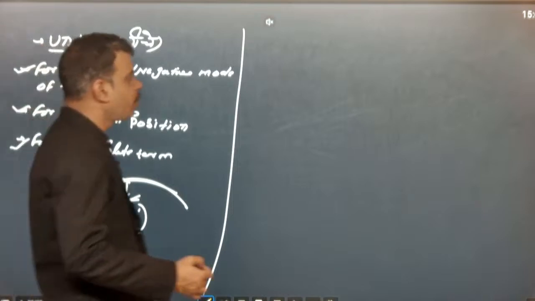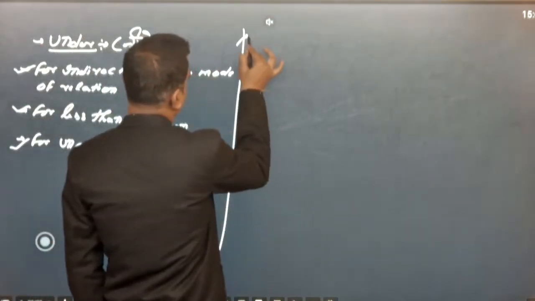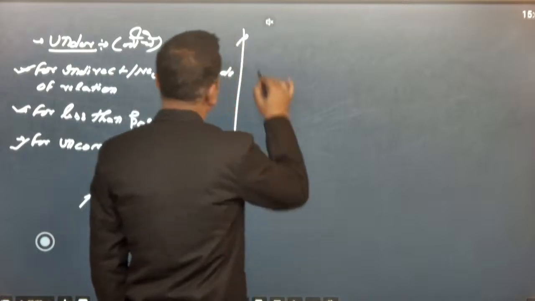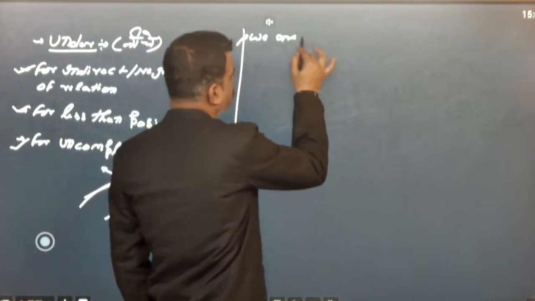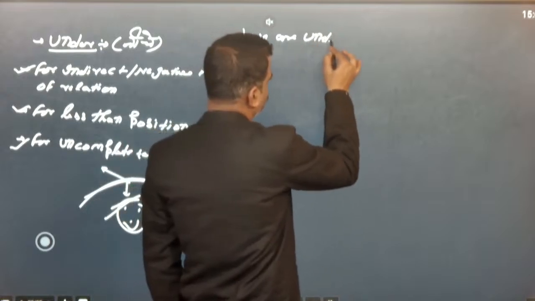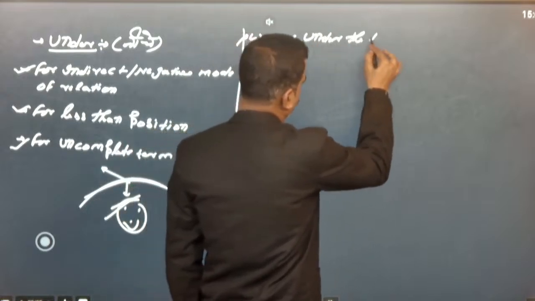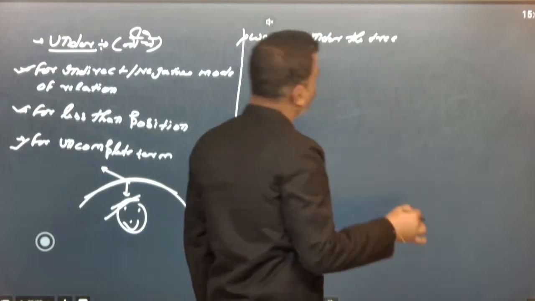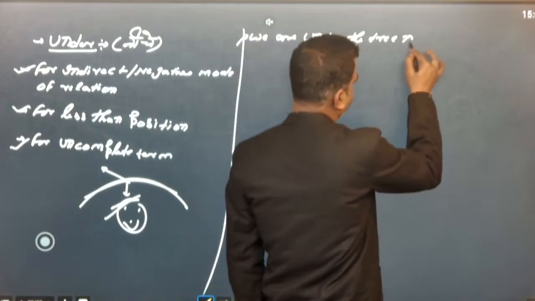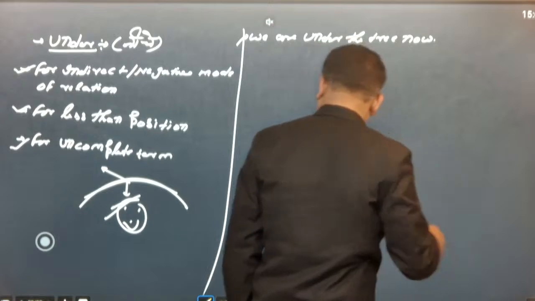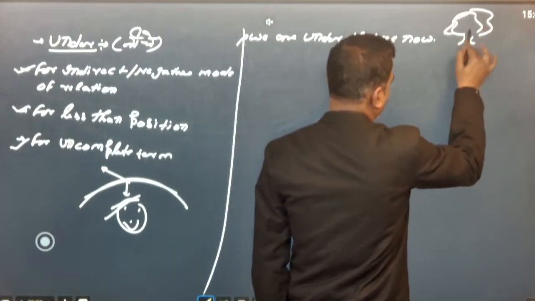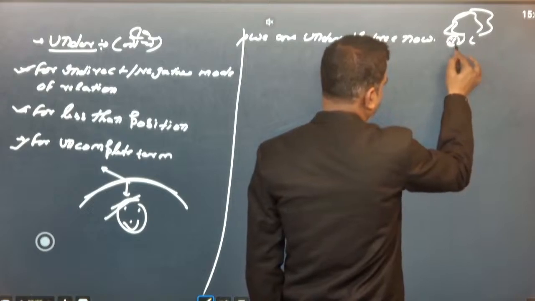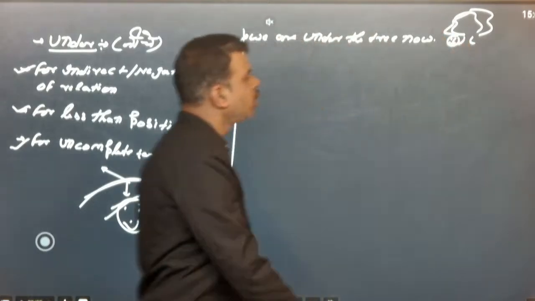Suppose we are under the tree now. If it's a tree, and we are here, this situation is for under.